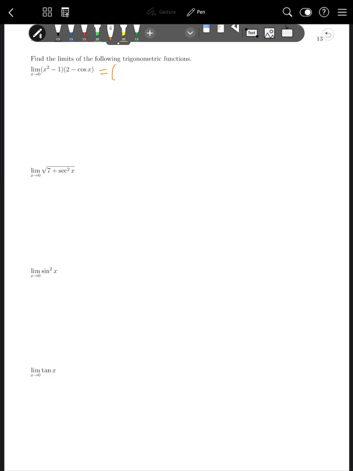So this is (0 squared minus 1) times (2 minus the cosine of 0). Okay, and so that's negative 1 times (2 minus the cosine of 0, which is 1). So that's negative 1 times 1, which is negative 1. And so that's the idea. So these are going to work just like before.